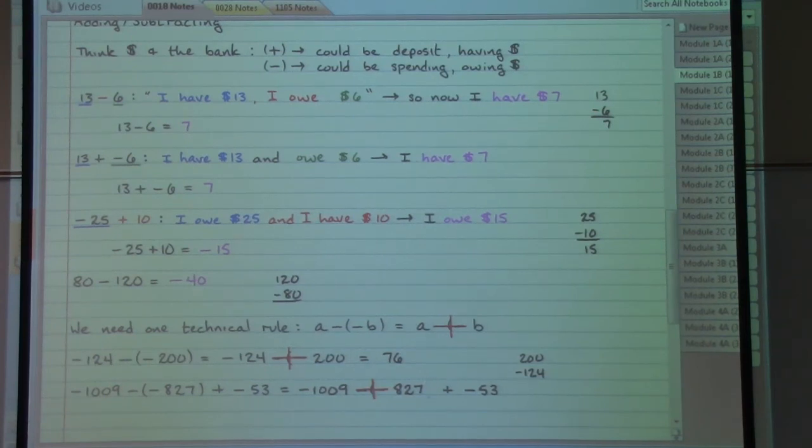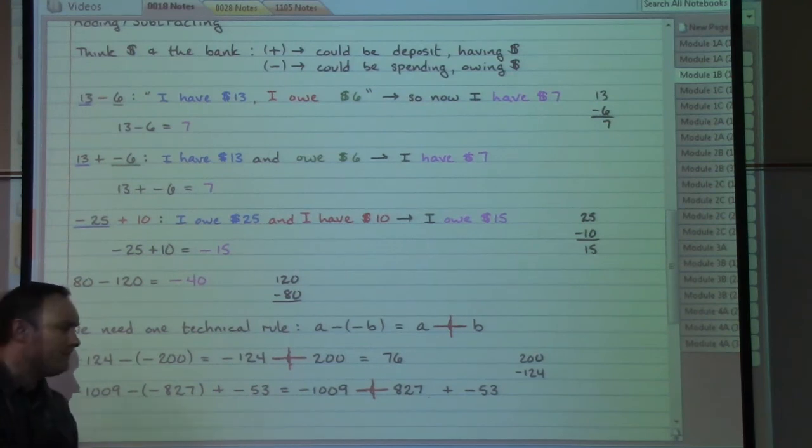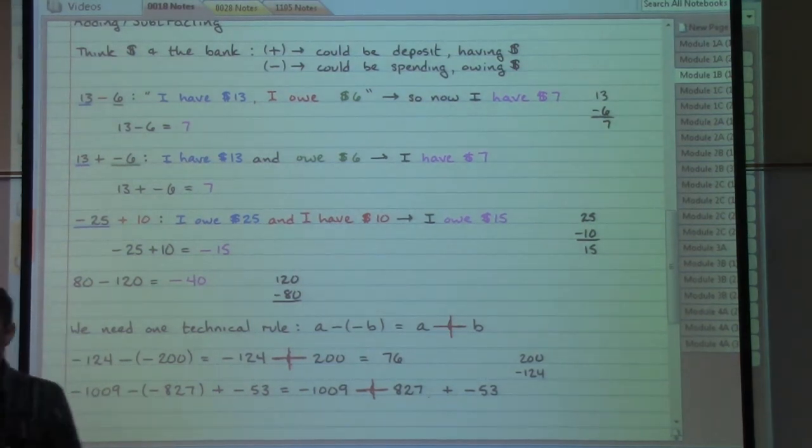Get rid of that extra parenthesis after the 827. And now start looking at things and saying, how would the money version of this all play out? Well, the money version of this is going to play out in two parts.